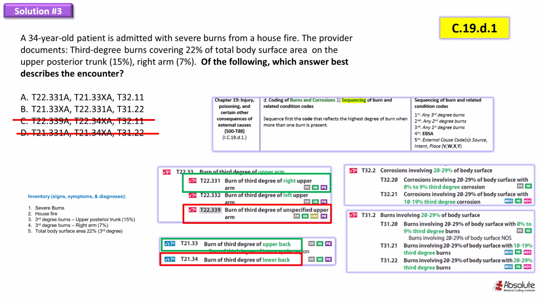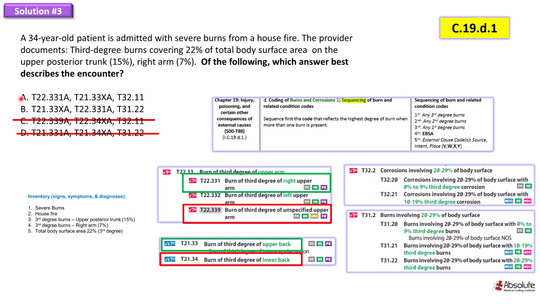Now, let's look at A and B. What's the difference? Well, there are two things that are different. Number one, the sequencing of the arm and the back. A is sequencing the arm first, and B is sequencing the back first. And also, the total body surface area codes are different. And you know what, coders? I've got to tell you, I know which one is correct. And this is just a little tip.